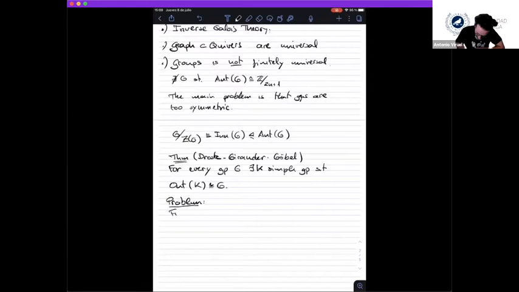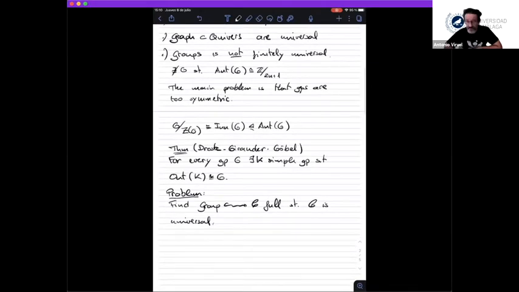So the problem would be: find a group embedded in some category C, a full embedding, such that C is universal. And so this is the problem we are going to address.